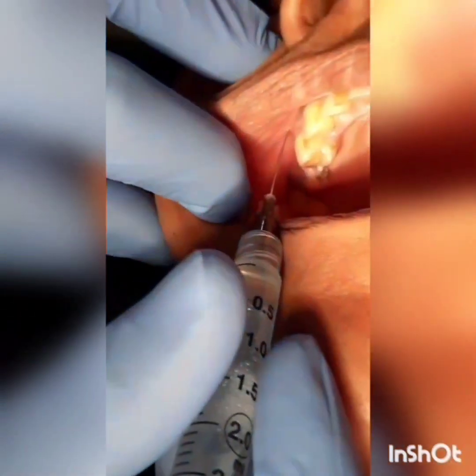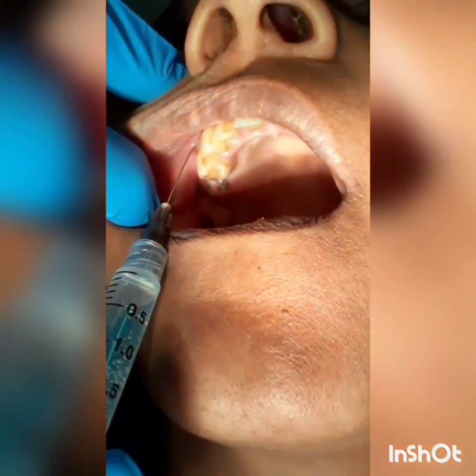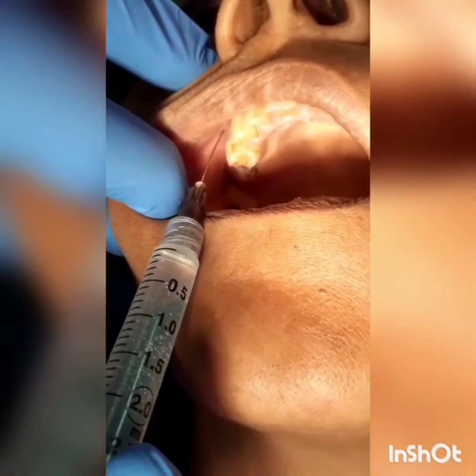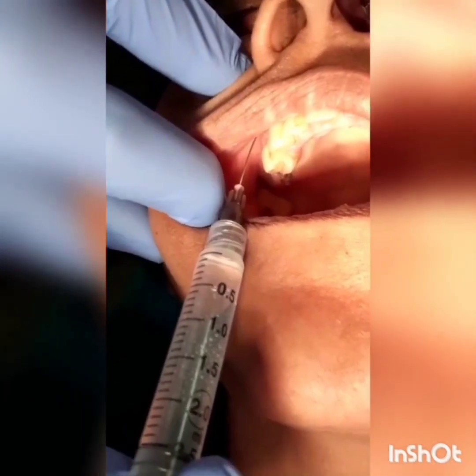Now at the infraorbital area, at a very slow speed you deposit around 0.9 to 1.2 ml.